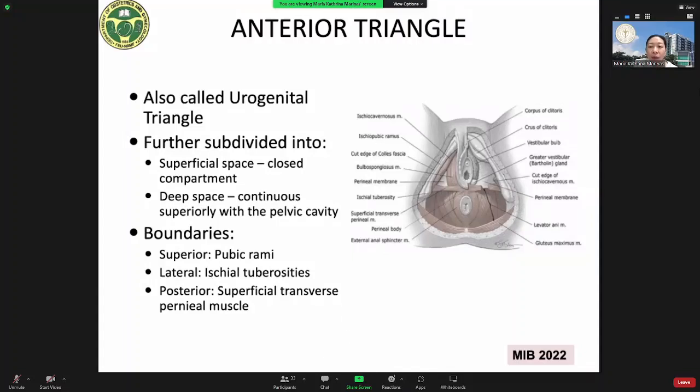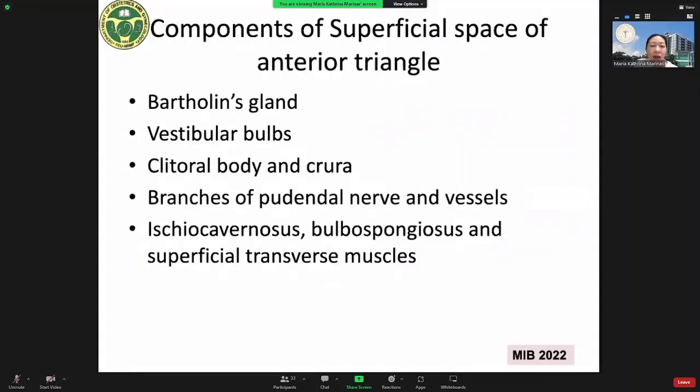The superficial space of the anterior triangle is composed of the Bartholin's gland, the vestibular bulbs, the clitoral body and crura, the branches of the pudendal nerve and vessels, and the ischiocavernosus, bulbospongiosus, and superficial transverse muscles.